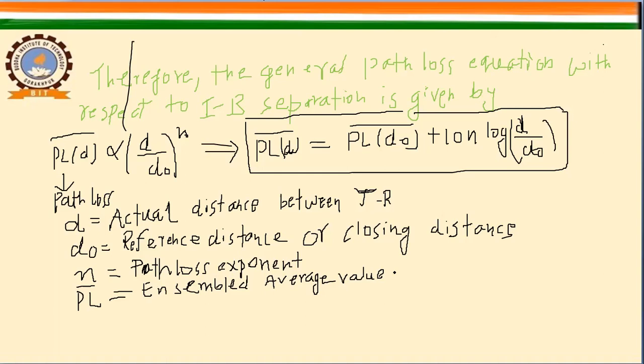Then this can be tested through different measurements of environmental effect. Under such environmental effects, that should be taken into consideration. That's why it is the average value. These values taken from the free space and the two-ray model do not match together.